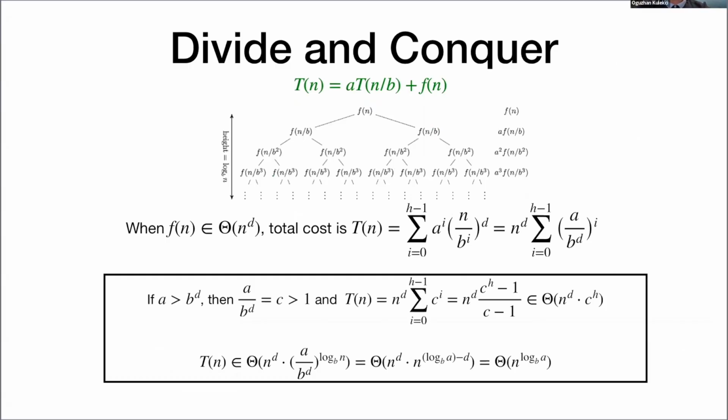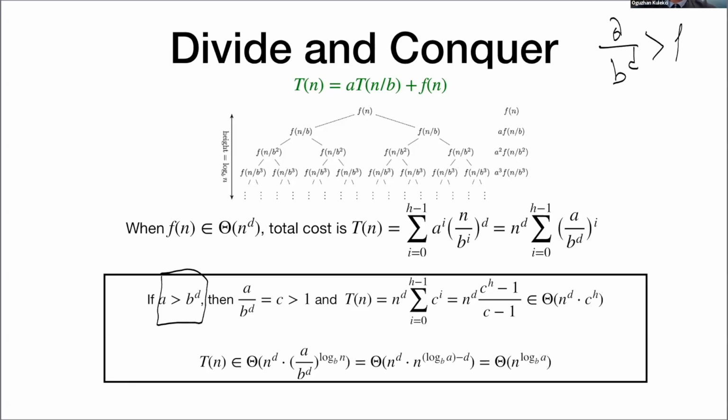As you can imagine, the third case is when a is greater than b to the d. Then this is something greater than 1.